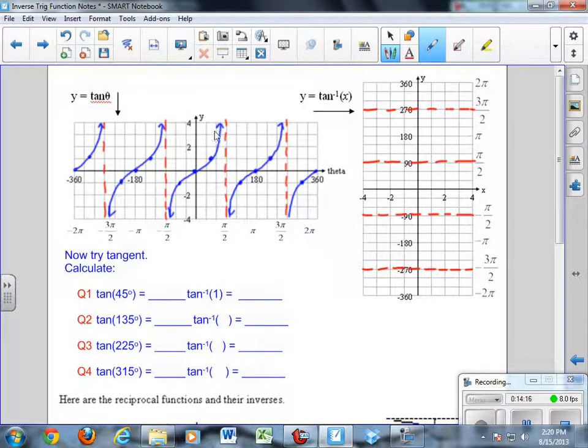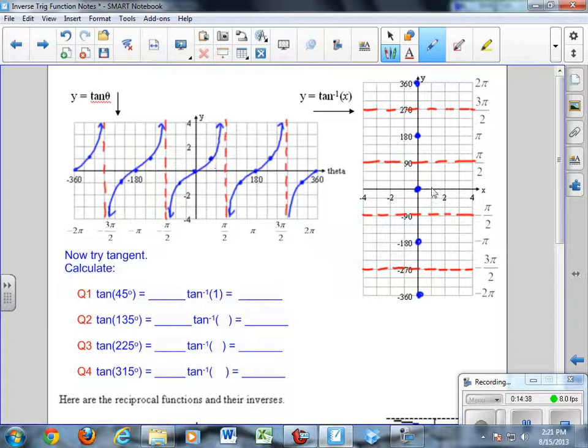Then we need to look at our zeros. Our zeros are halfway in between the asymptotes, but instead of being on the x-axis, they're going to be on the y-axis now. So these are places where tangent is equal to 0. So when we put in 0, we get these angles. Then we have to look at pi over 4, which is halfway between 0 and pi over 2. I'm at 1.